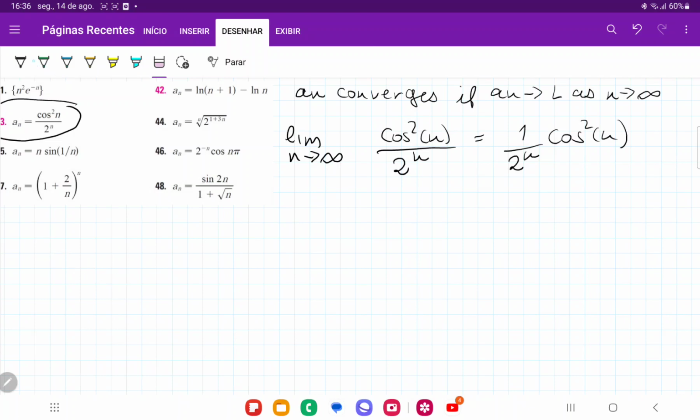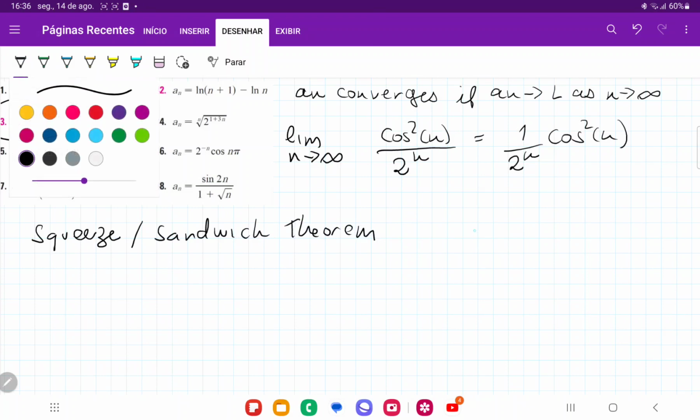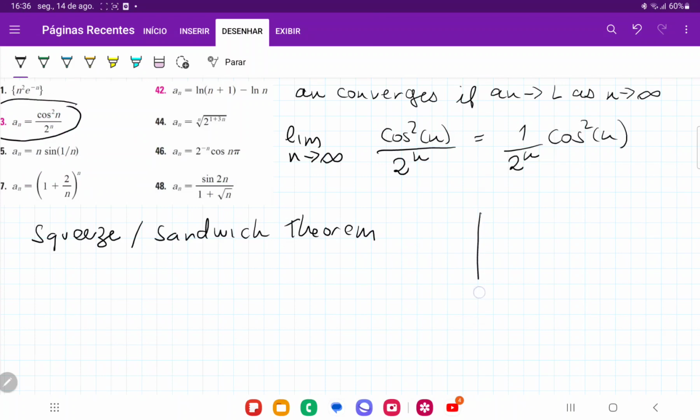Well, we're going to have to be a little bit clever and use the squeeze or the sandwich theorem. I'm going to show it using functions, but it's also perfectly valid for sequences.